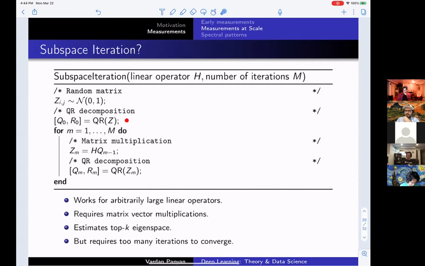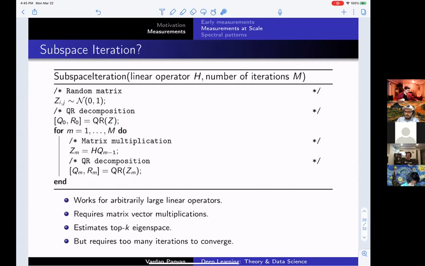And then you calculate the QR decomposition of the matrix. QR decomposition is a fancy way of saying Gram-Schmidt, right? So you do Gram-Schmidt, you get Q, you get R. Q is the orthogonal basis, and R are the coefficients. And then you set Z equal to HQ, and then you do another QR decomposition.